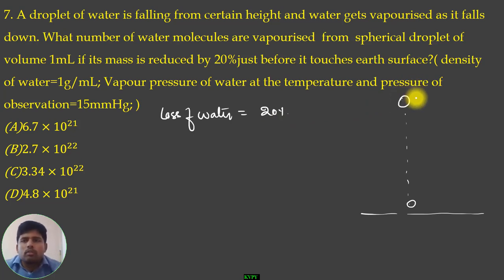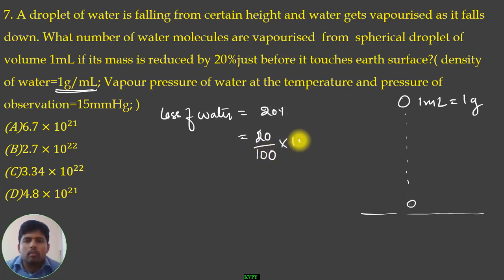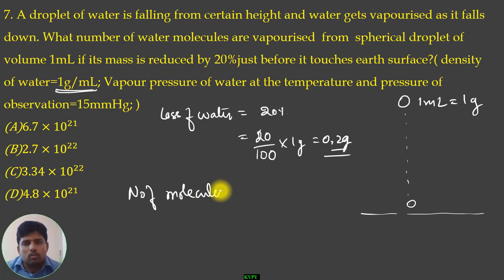Now initial volume of this is 1 ml, that means it is 1 gram because water has a density of 1 gram per milliliter. It's already mentioned. So loss of water is 20% of 1 gram, so 0.2 gram. This much water is lost. So number of molecules of H₂O lost is equal to 0.2 divided by 18.